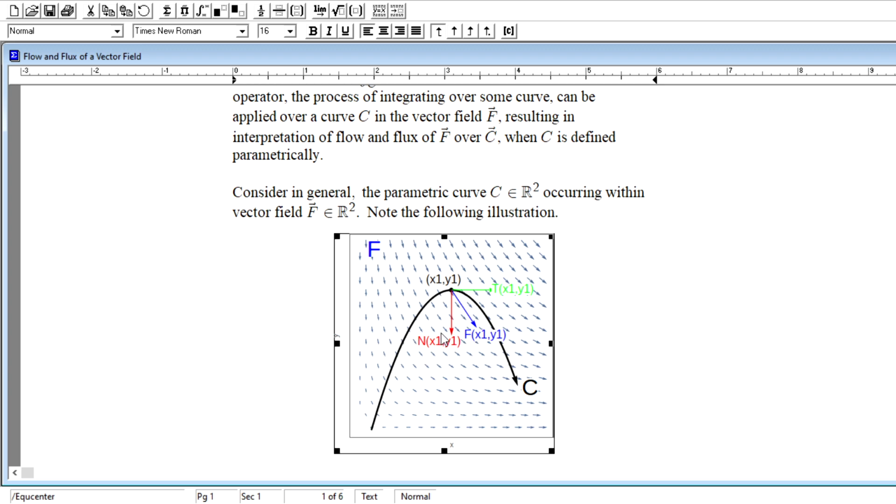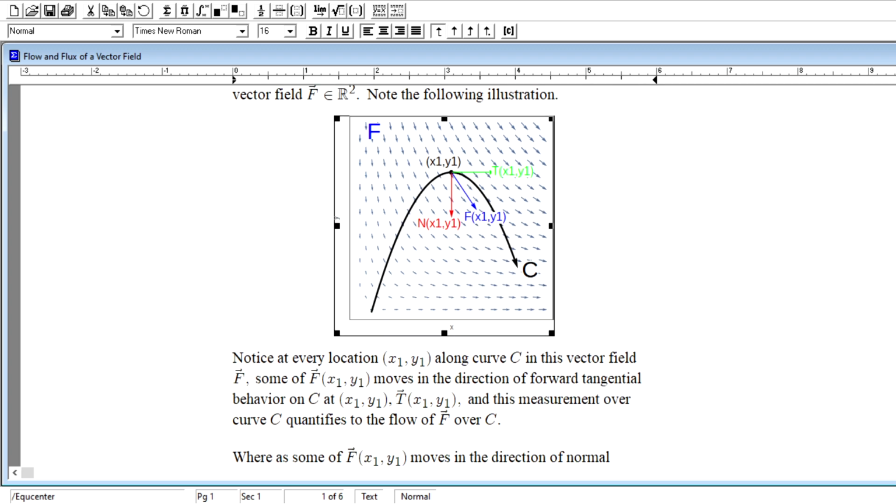Now, it doesn't have to be the principal unit normal vector. You can project into either direction of normality. But normality is formally going to have an understanding specific to the orientation of the curve.